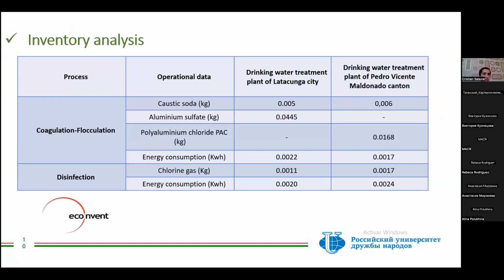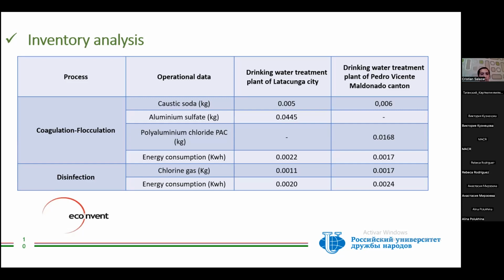At this stage, an inventory analysis of the water treatment plants was carried out based not only on information about the energy consumption and the amount of chemicals needed for the purification processes, but also on the equivalent pollution factor.